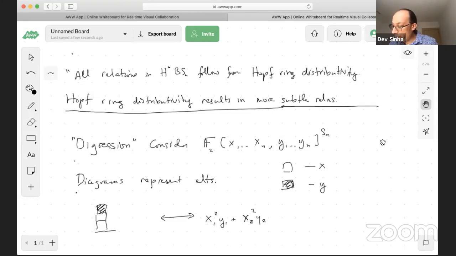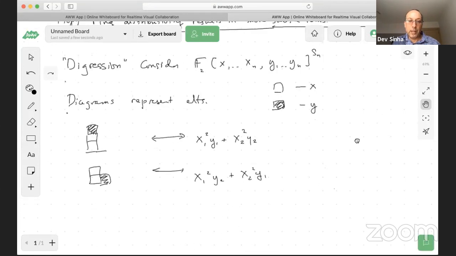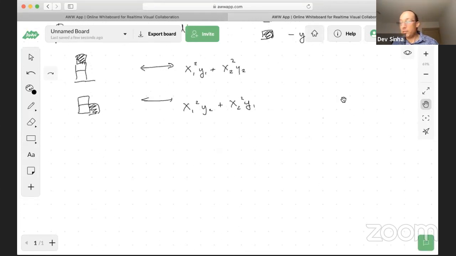So this is to be distinguished from this shape, which is x1 squared y2 plus x2 squared y1. And the fun thing is, you know how we had this weird match and stack product? Well, that's what the product naturally is. So product equals match and stack.